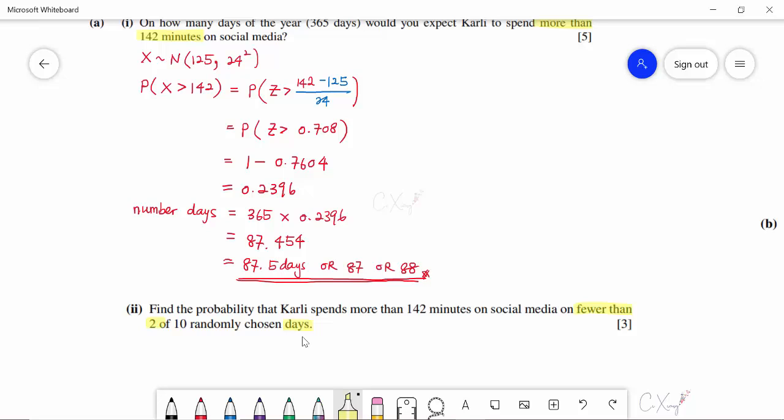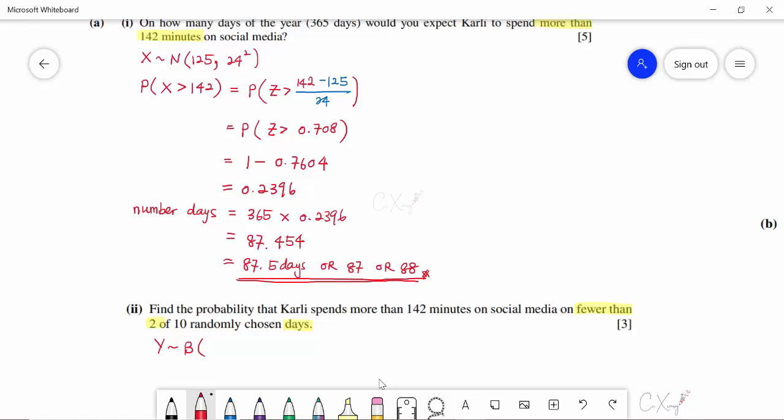Previously, they were asking for the probability that the time spent is more than 142, but now they focus on fewer than 2 days, the number of days. If you look at the structure of this question, you have 10 days originally, and out of the 10 days, fewer than 2 days, something happened. This kind of structure generally belongs to binomial distribution.